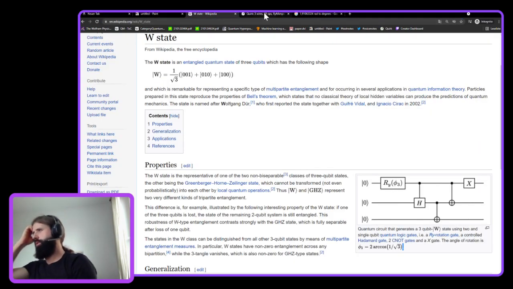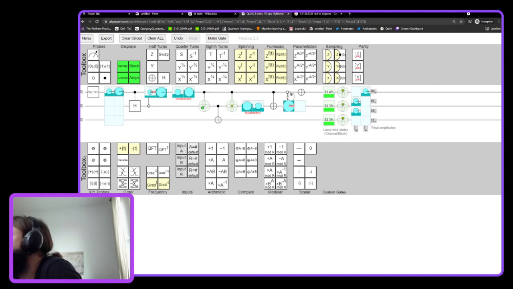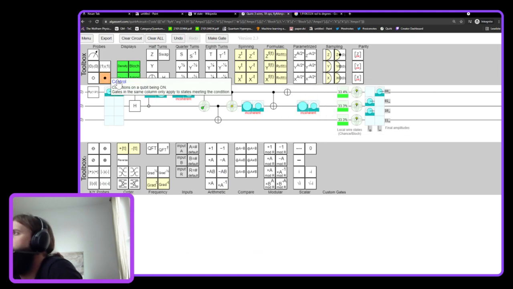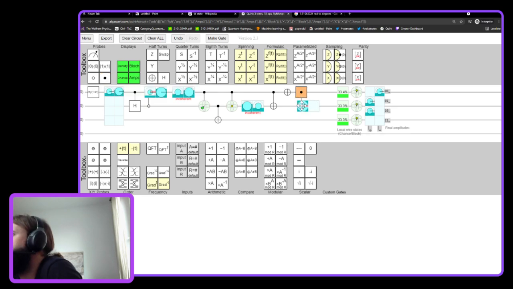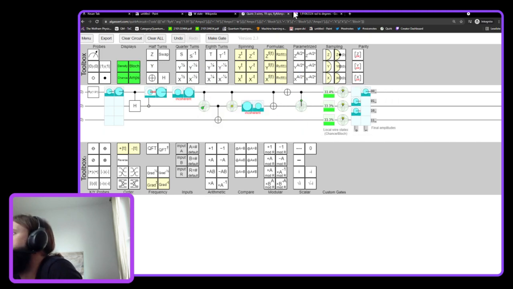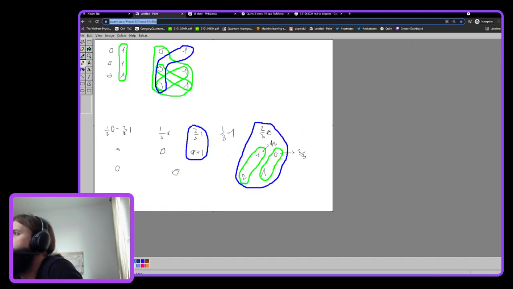There are a lot of things which confuse me right now. So do we know that if this is 1, then this must be 0? Like, how? Interesting.